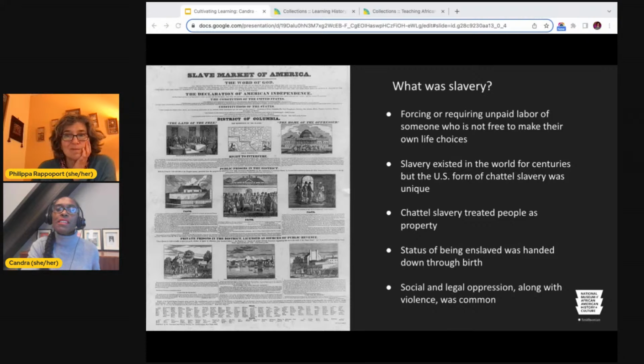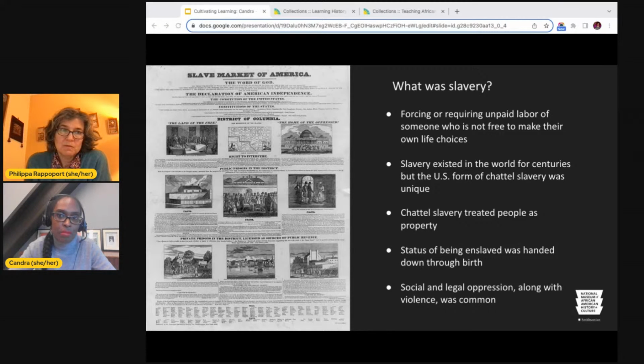So to begin our setting of our context, we're starting with the question of what is slavery. Slavery is a labor system in which one group of people forces another group of people to perform unpaid labor and is often accompanied by social and legal oppression. Enslavement has been a part of human history for centuries. In the United States, however, enslavement took on a new and insidious form called chattel slavery.